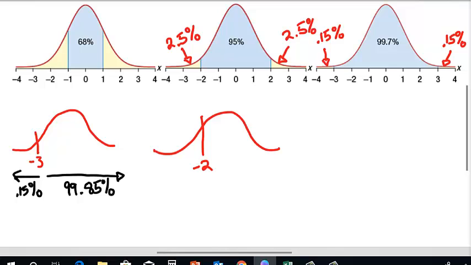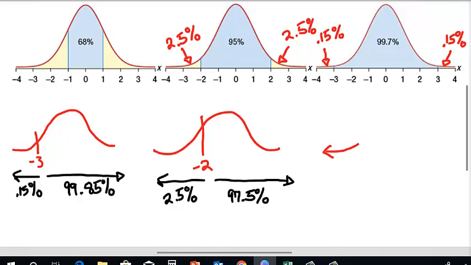Okay, so to the left of negative 2, we're going to have 2.5%. And then to the right, I have this 95% and then 2.5% more. So that would be 97.5%. Because remember, all this always has to add up to 100%.